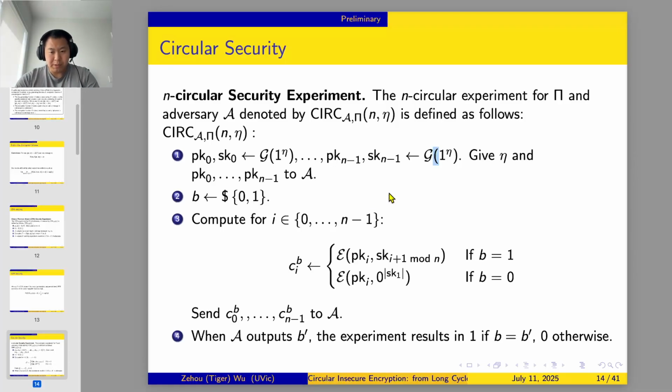Then depending on the value of b, if b equals 1, a length n encryption cycle is created. And if b equals 0, an encryption of zeros is created, and this gets sent to A. The adversary has to guess b, and the experiment results in 1 if adversary A succeeds, and 0 otherwise.